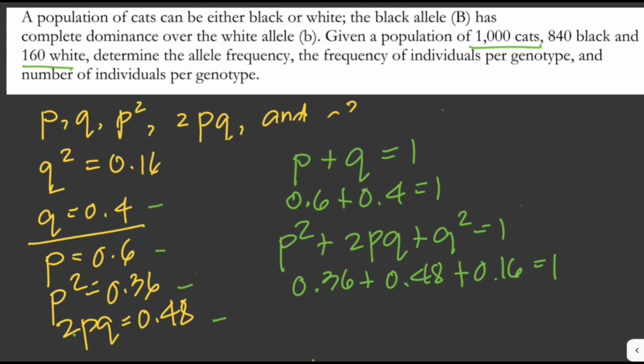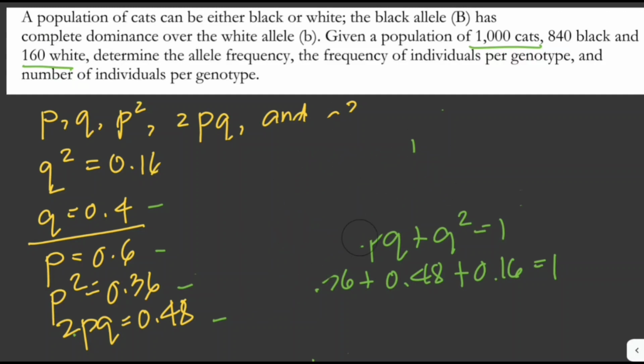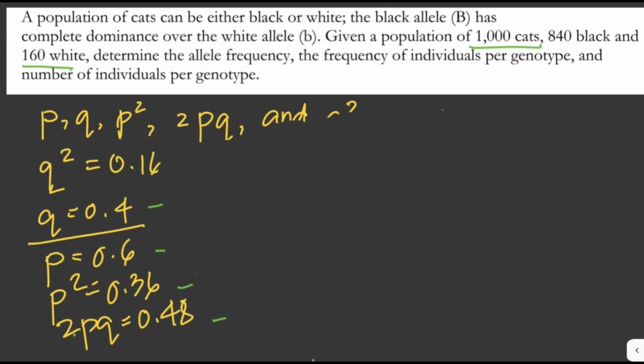Now to get the number of individuals with the given genotype, black and white, we just have to multiply the frequency of individuals with p squared, 2pq, and q squared by the total population. So that would be p squared times the total population, which is 1000 here.